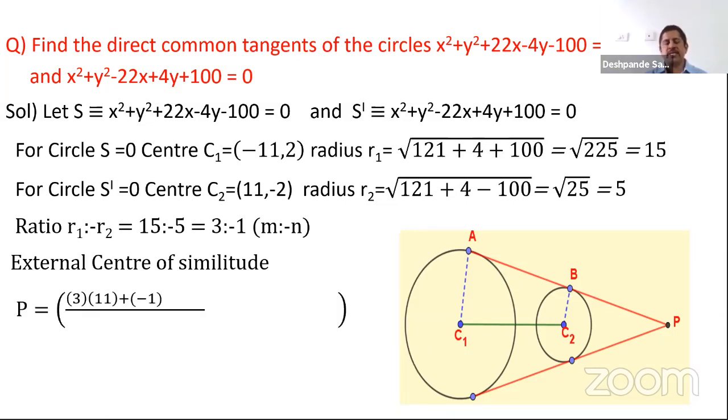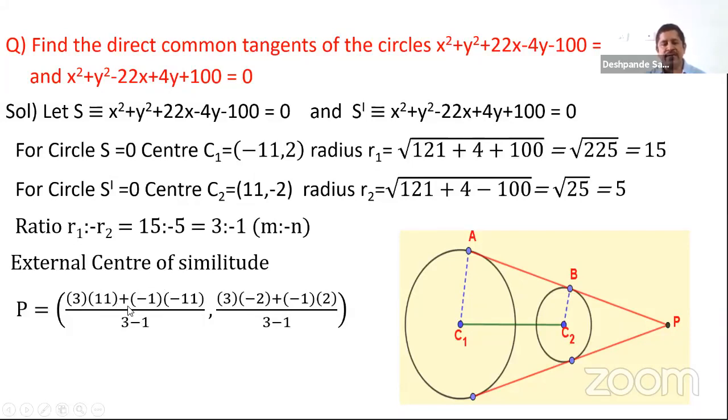So the P value, if at all you use the formula (mx2 plus nx1) by (m plus n), (my2 plus ny1) by (m plus n). So mx2 here, m is 3 and x2 value is 11. Then plus minus 1, n is negative sign, so minus 1 into x1 value is minus 11.